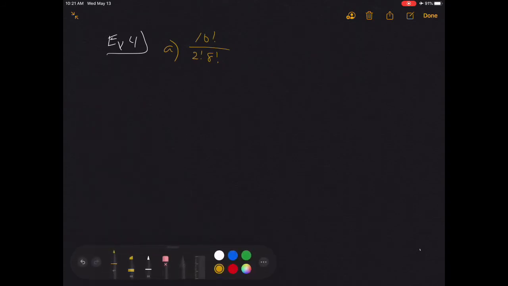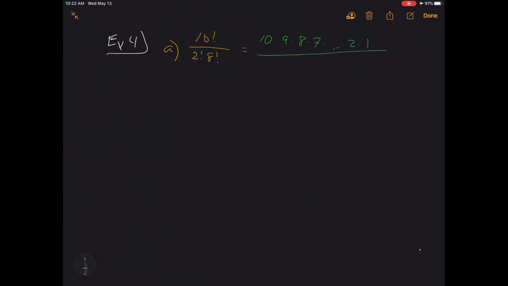But I'm going to write out at least a little bit of this to show you how this is easily simplifiable. So if I look at the top, 10 factorial, like we said, is 10 times 9 times 8 times 7, all the way down to 2 times 1. On the denominator, I'm going to get a 2 factorial, which is 2 times 1, multiplied by an 8 factorial, which is 8 times 7 times 6, all the way down to 2 times 1.